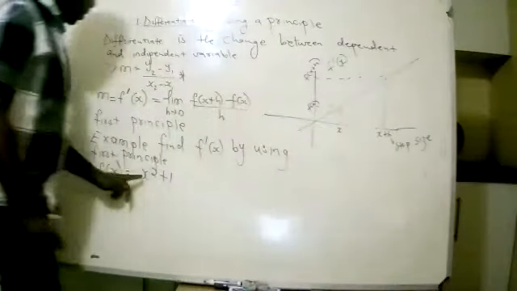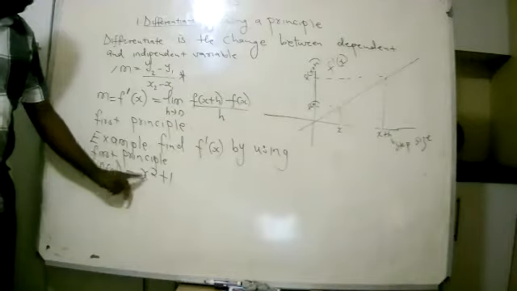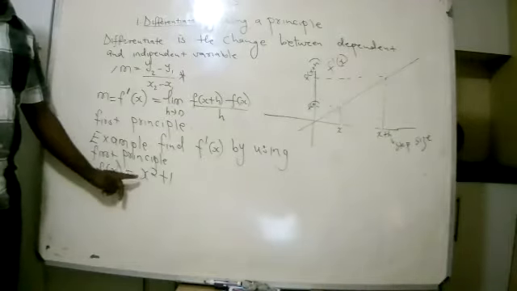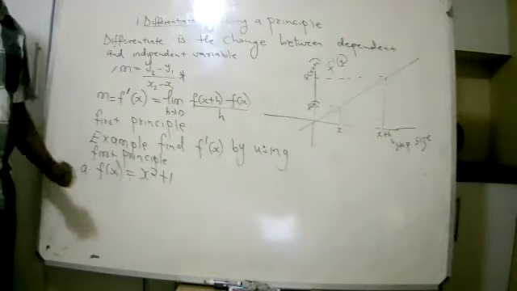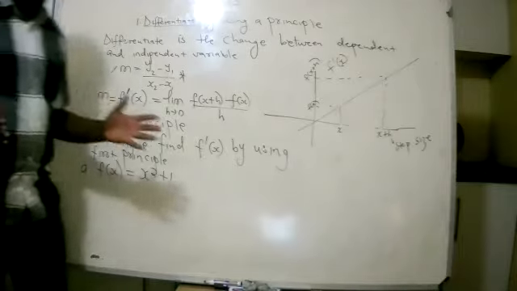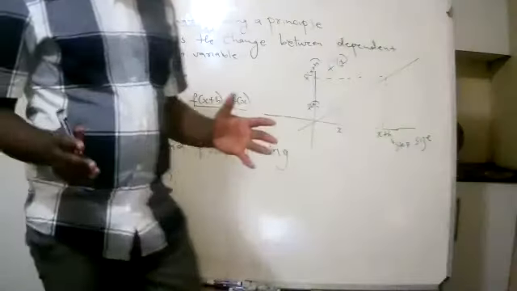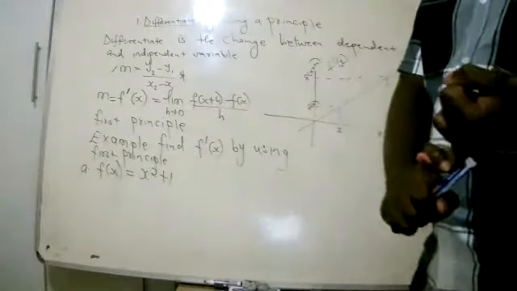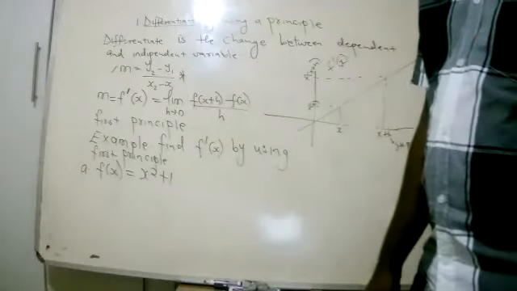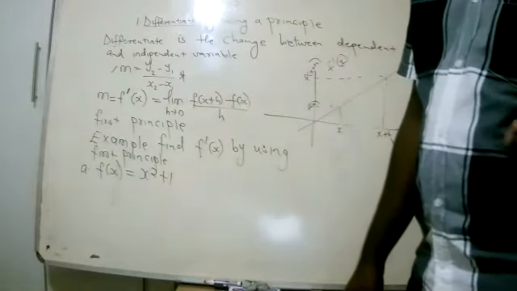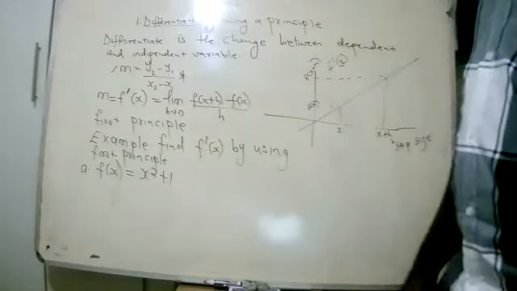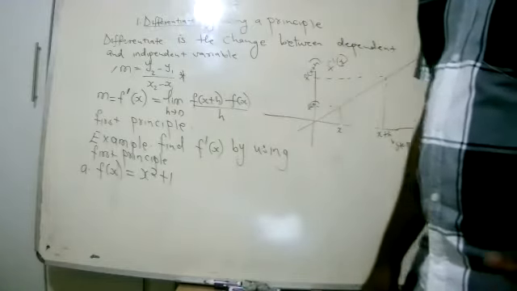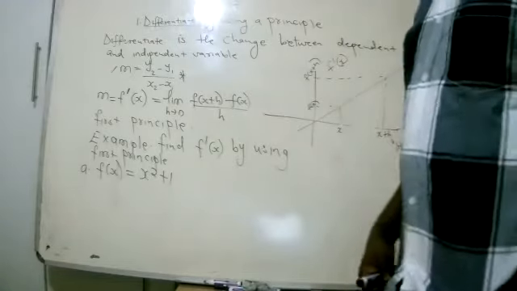But you can see here we want to find the gradient of a parabola graph. That's what is interesting about this method. Instead of finding the gradient of a straight line only, with this method you can find the gradient of a parabola, or a graph of a cubic function, which I'm going to discuss with you some other day. It's under this chapter of calculus.